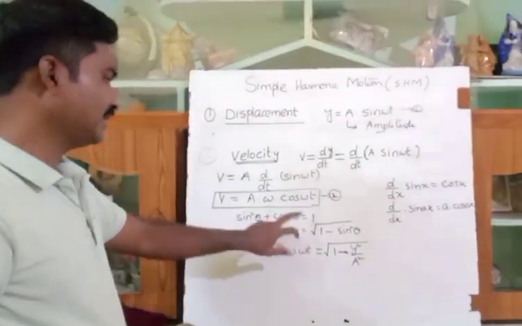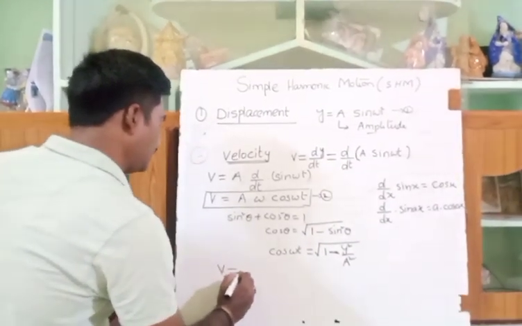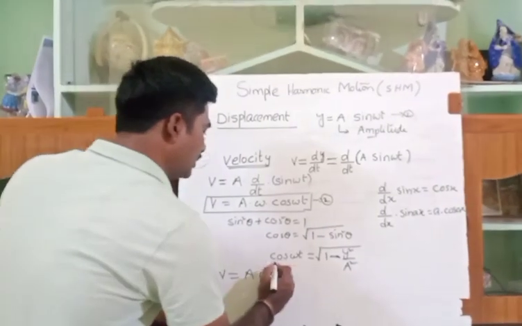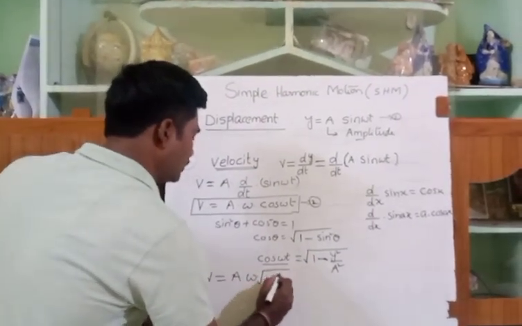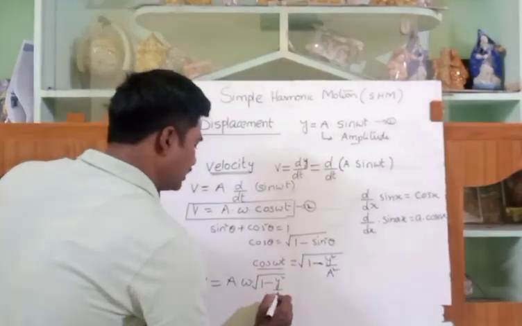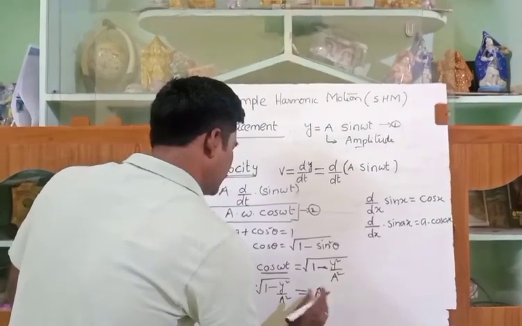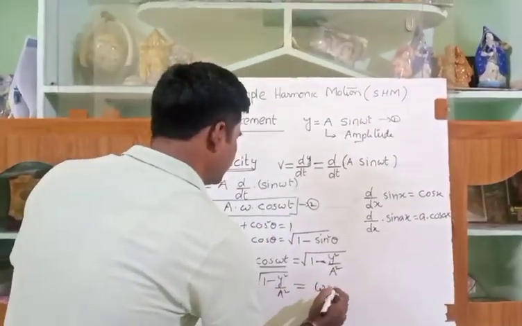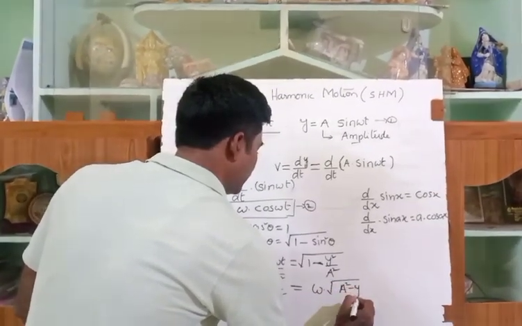Now putting this value in equation 2, we get v is equal to a omega times cos omega t, and cos omega t is root over 1 minus y square by a square, which gives omega root over a square minus y square.